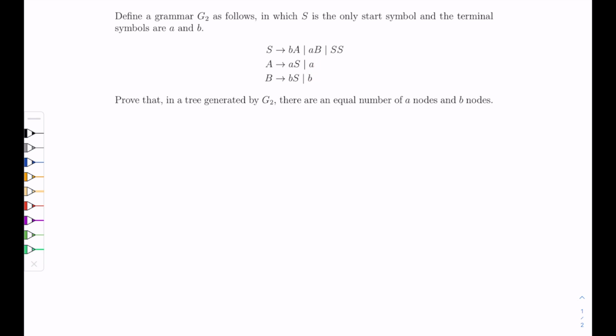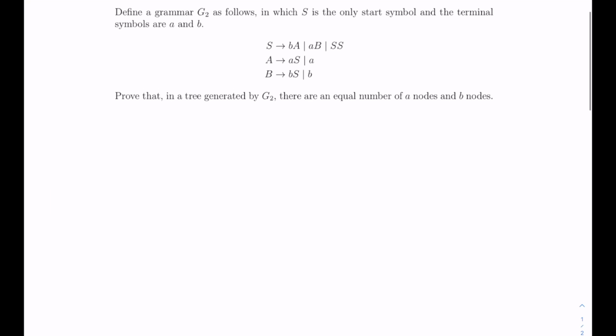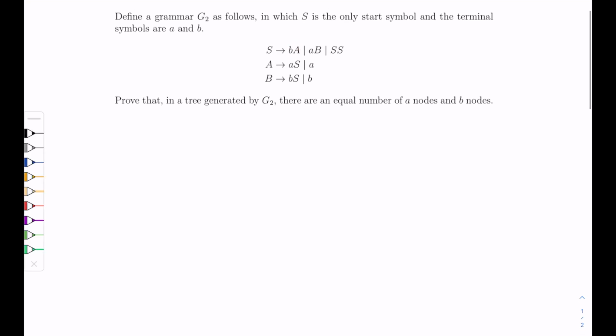So let's maybe start with this option here, and we're going to try to generate a short tree using that. So let's make a vertex.